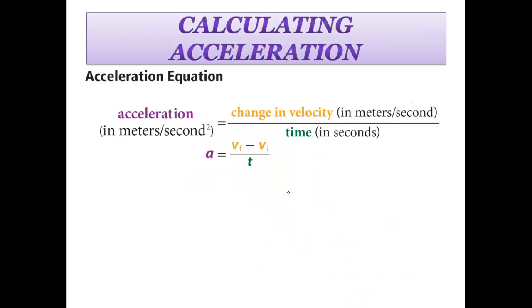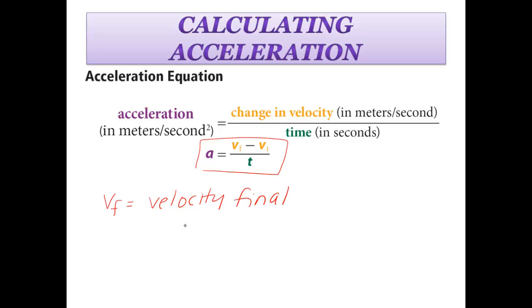So we have a fancy equation for acceleration. Acceleration is the change in velocity over time. It looks kind of funny because of the abbreviations: A equals VF minus VI over T. All you need to know is that VF stands for velocity final.